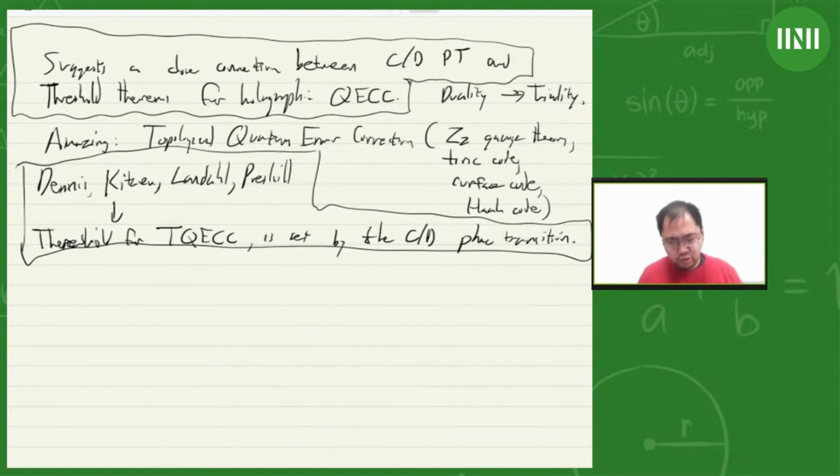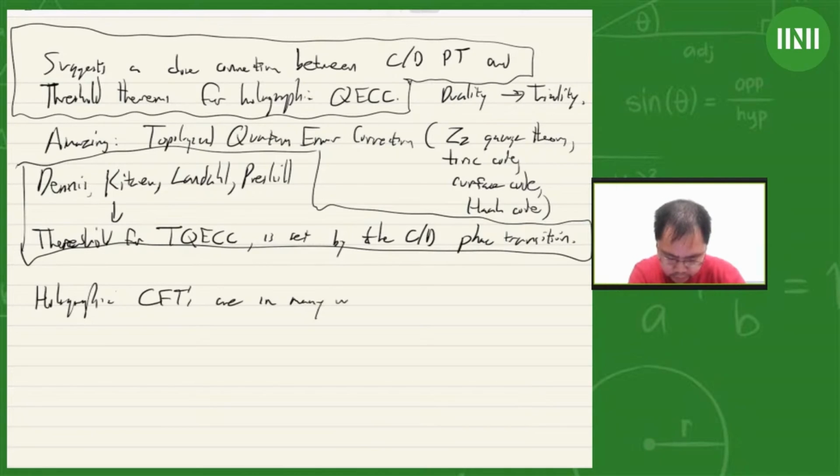So we now have two points, if you like, in theory space, where there's a connection between confinement-deconfinement phase transitions and threshold theorems, which is kind of interesting because holographic CFTs are in many ways opposite to TQFT.